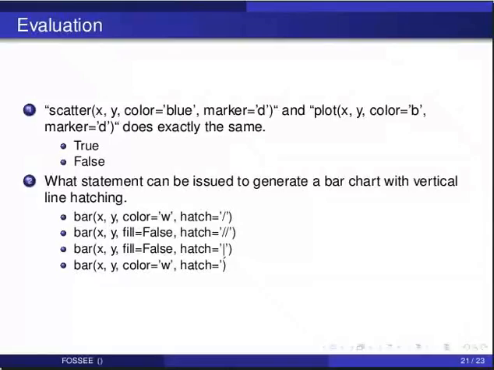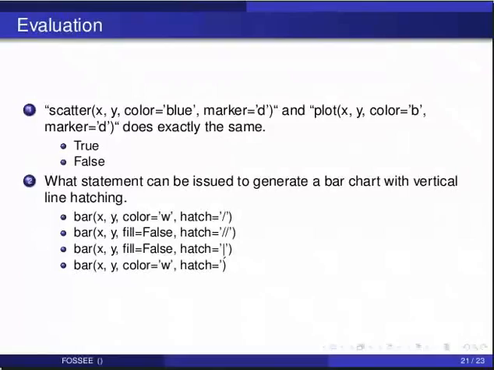Option 1: bar within brackets x, y, color is equal to, in single quotes, W, hatch is equal to slash. Option 2: bar within brackets x, y, fill is equal to false, hatch is equal to, within quotes, double slash.